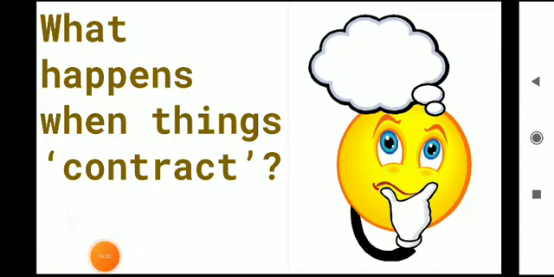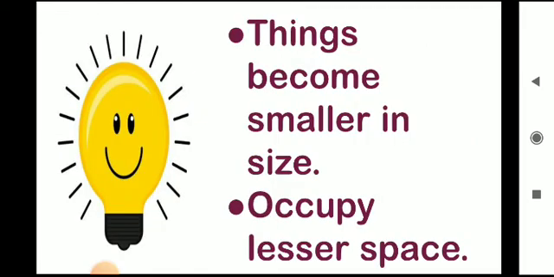Our next question is, what happens when things contract? Do you know the answer? Your answer will be, when things contract, the size of that thing decreases, right? And those things occupy lesser space.